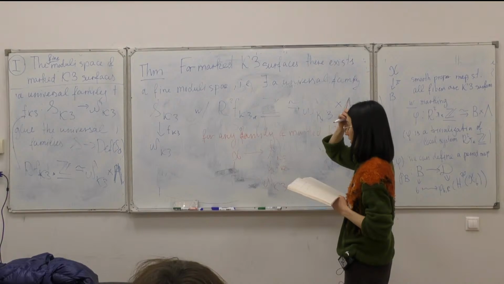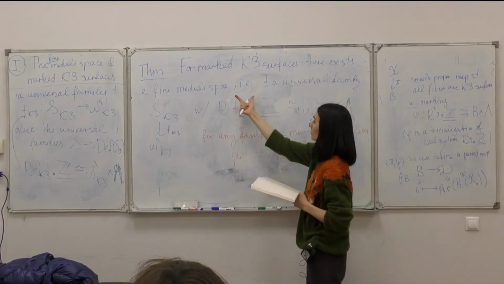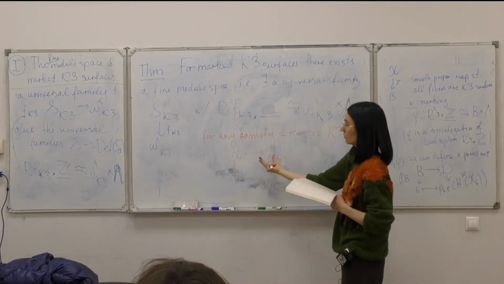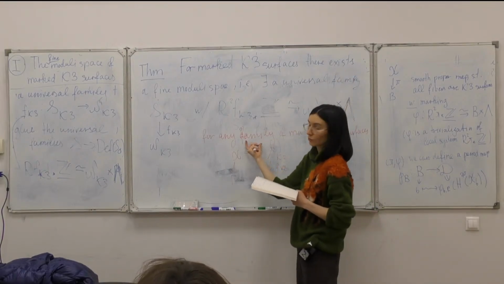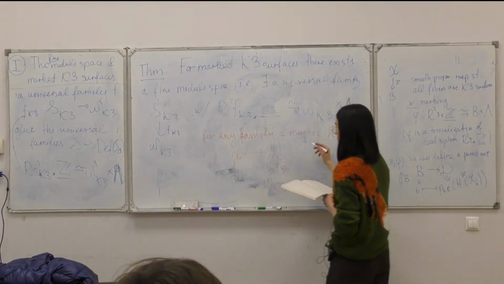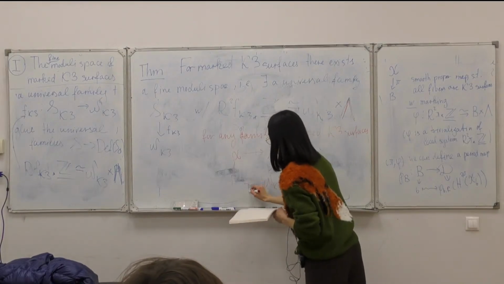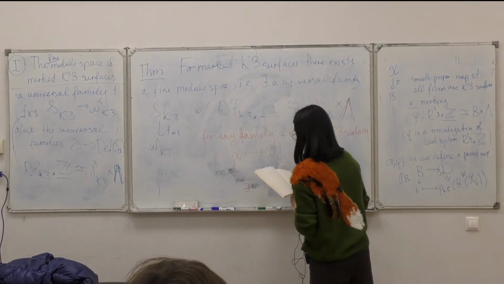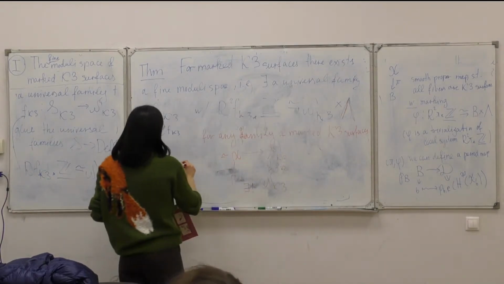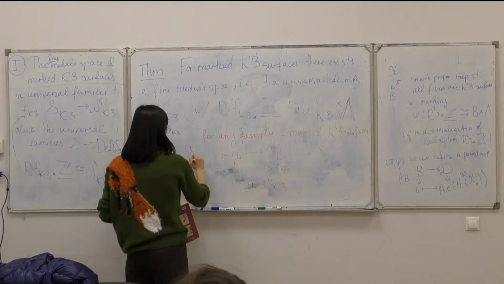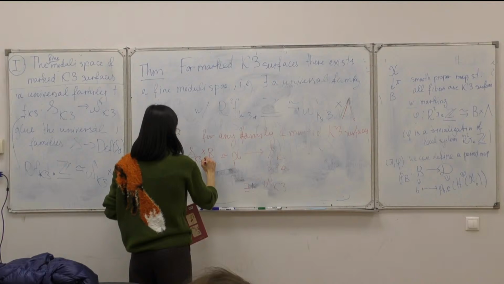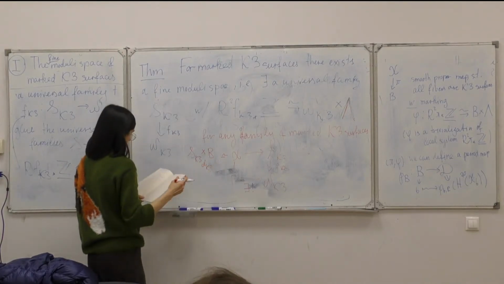So I want to say that it's a very strong statement, the existence of such a universal family, right? So all families we can obtain as a pullback. So there exists this map and it's unique, such that this is isomorphic to the pullback of the universal K3.